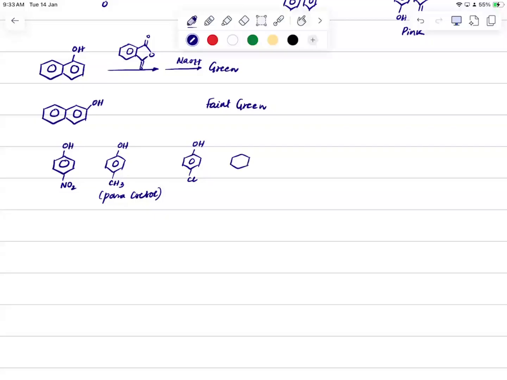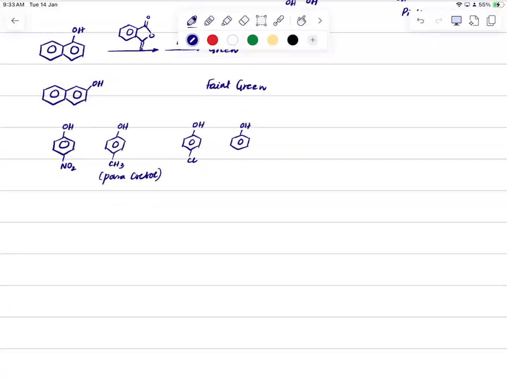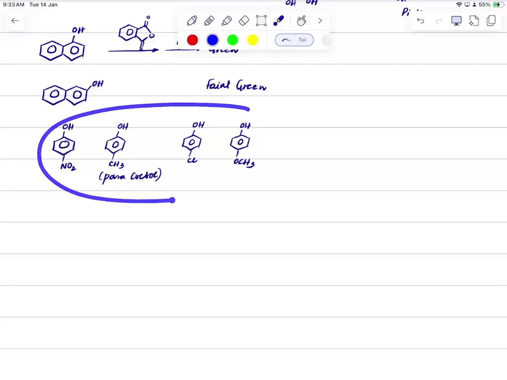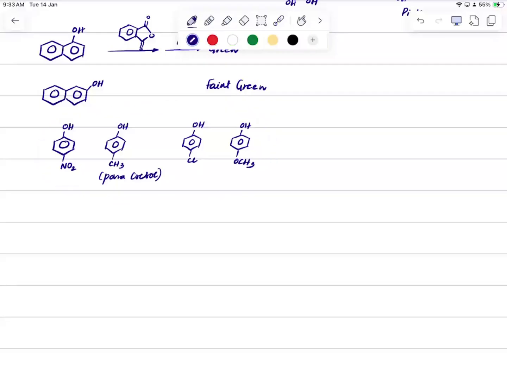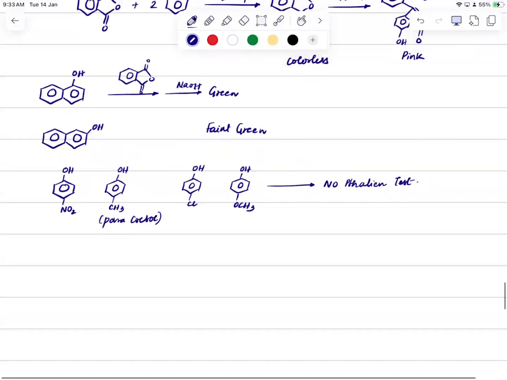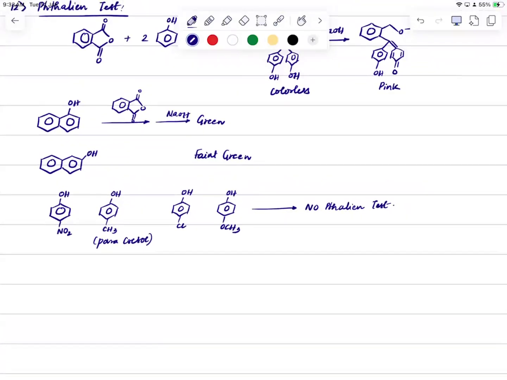Or phenol here, and we have maybe OCH3 group here, like this, correct? If you have these kind of groups present, then no Phthalein test is observed, because the connection majorly always happens from para position.